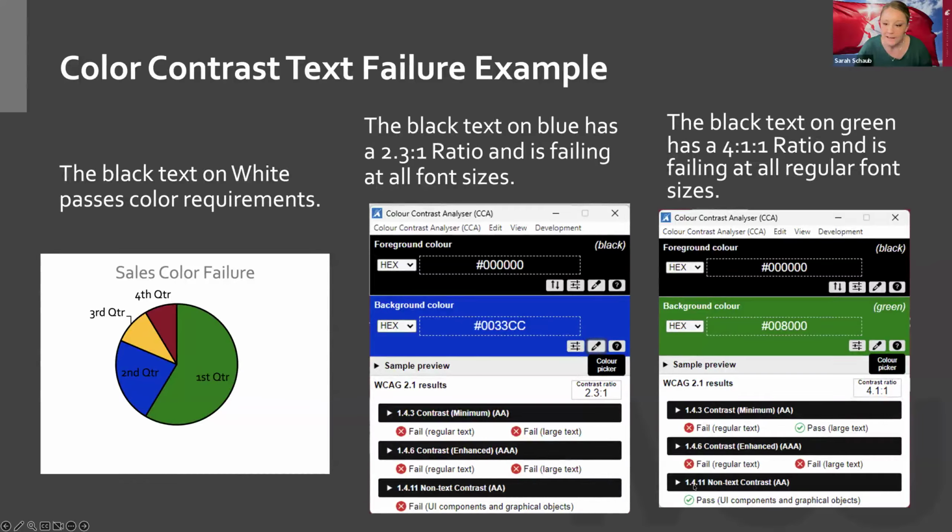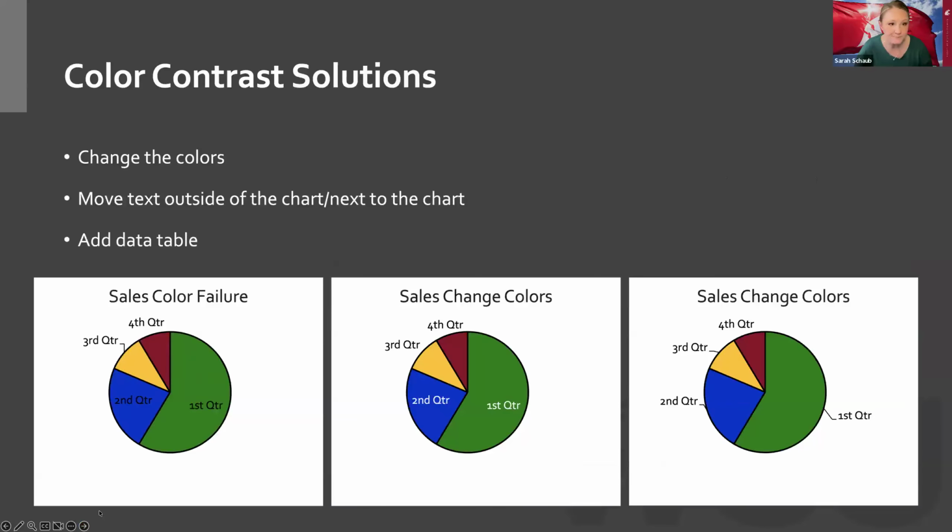So again, sometimes some things will pass and some things might not pass. That's why it's really important to make sure you're always checking and using high contrast, which can be a challenge when you are working with brand guidelines and certain color palettes. And so that's where the supplemental using a table or that narrative can come in handy and really be helpful.